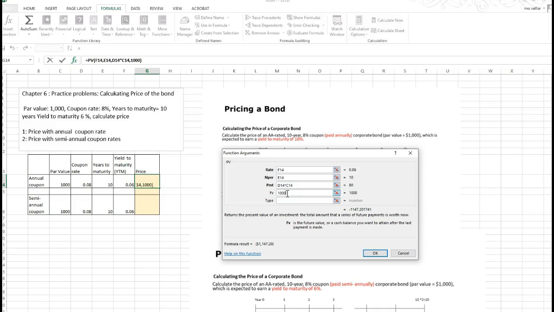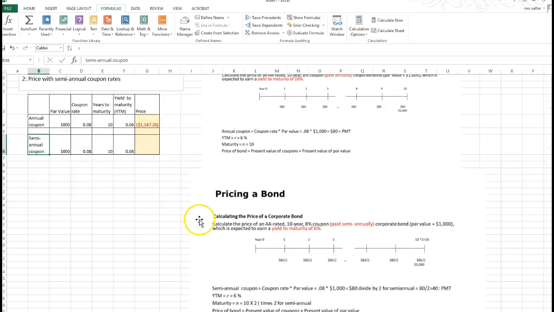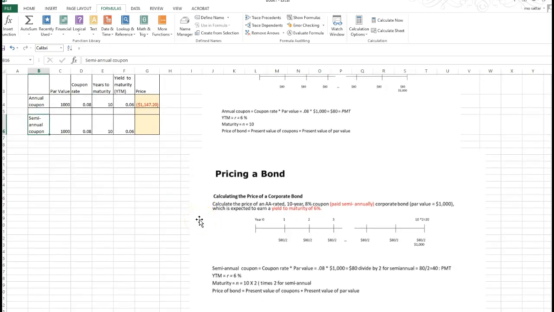Okay, so if I do that and I click OK, I will get the price of the bond. So the price of the bond today for this stream of cash flow, $80 once a year, and getting the principal back at the return of 6%, is $1,147.20.